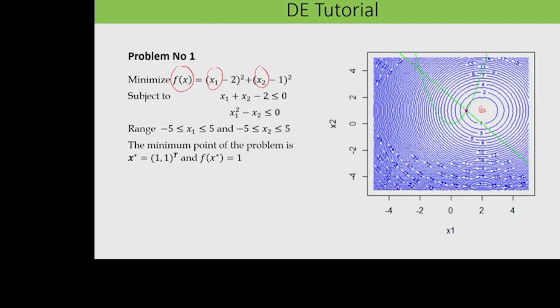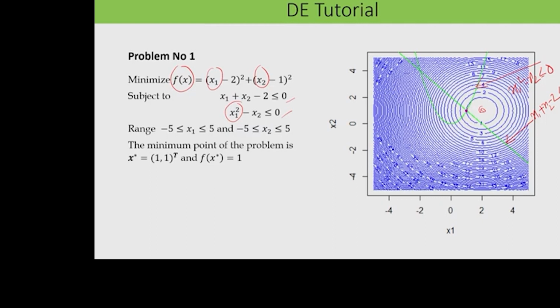But we have two constraints here. The first constraint is x1 plus x2 minus 2 less than or equal to 0, and the second constraint is x1 squared minus x2 less than or equal to 0. Therefore, the solution has to satisfy these two constraints.